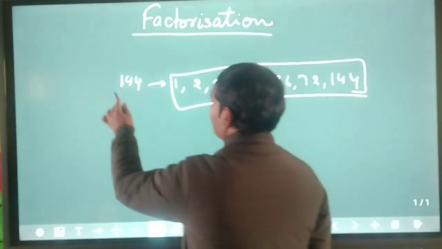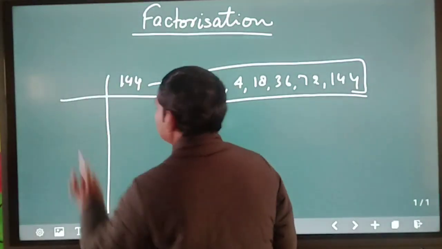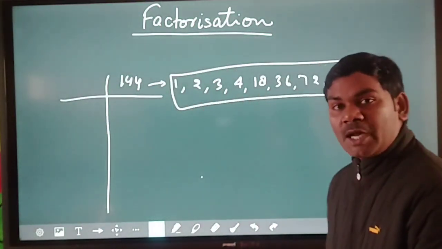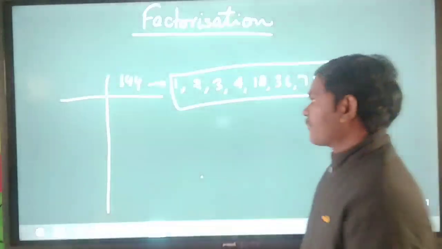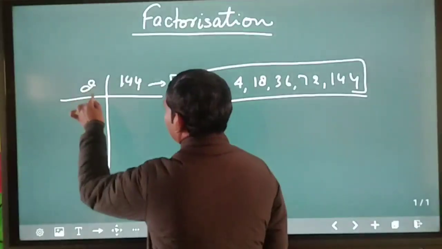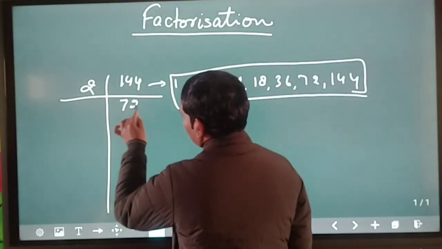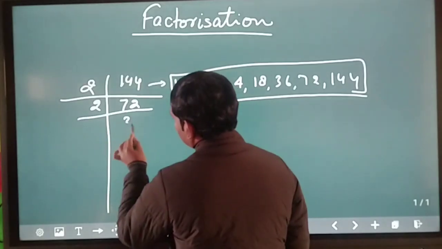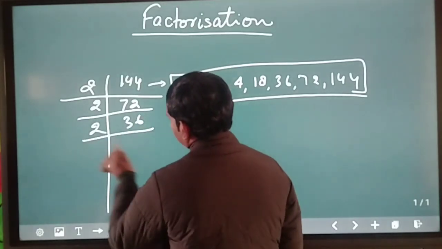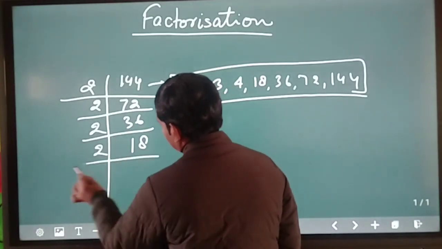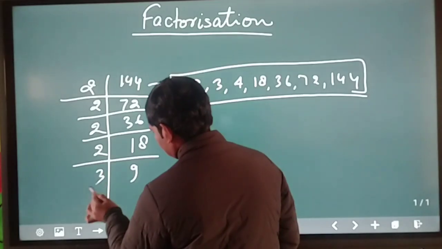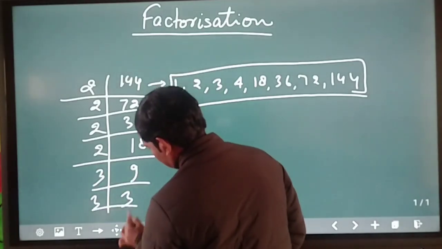Also, 144 can be factorized into prime factors. So it can be divided by 2, again divided by 2, and so on.